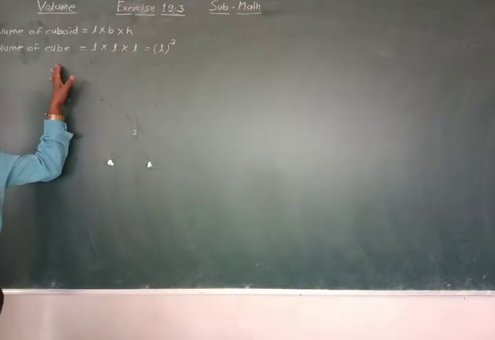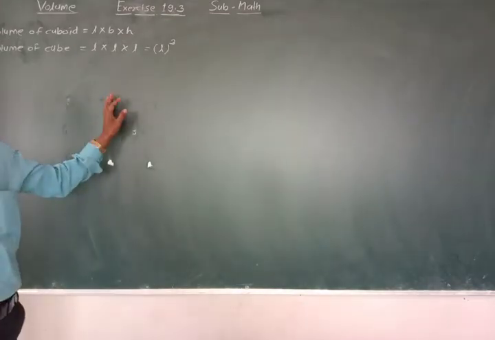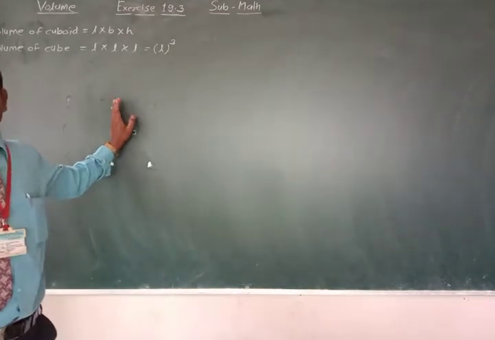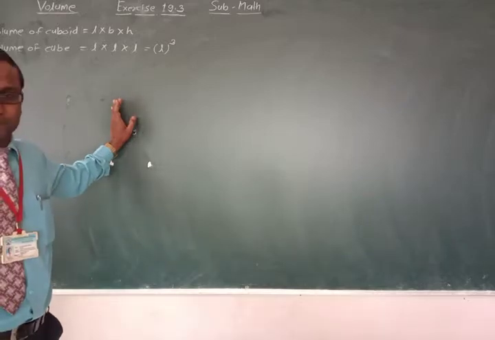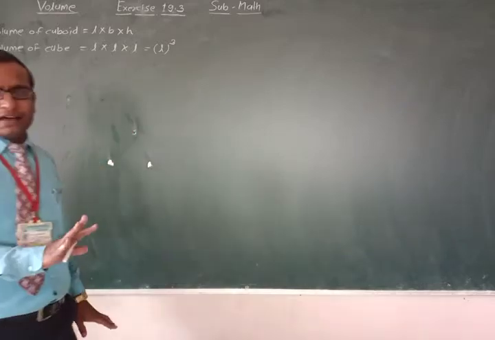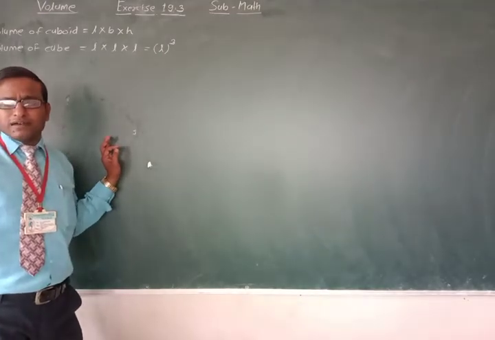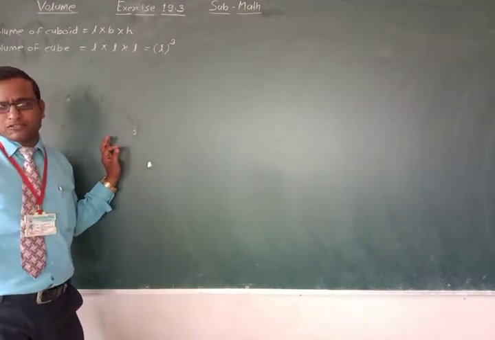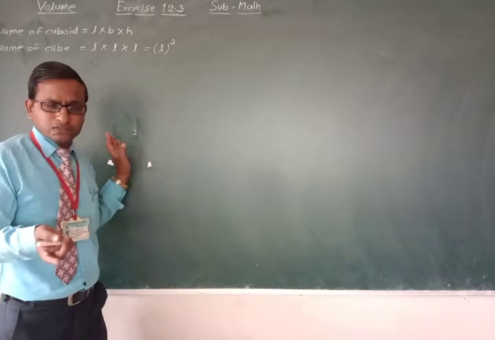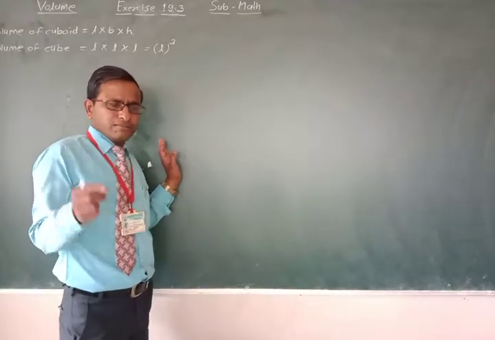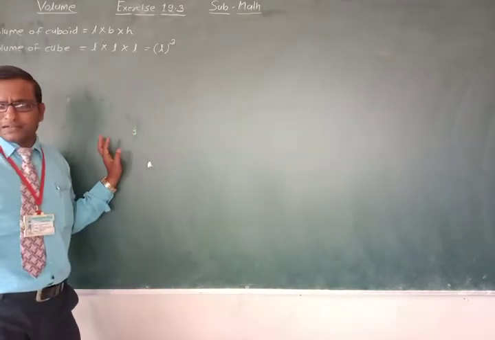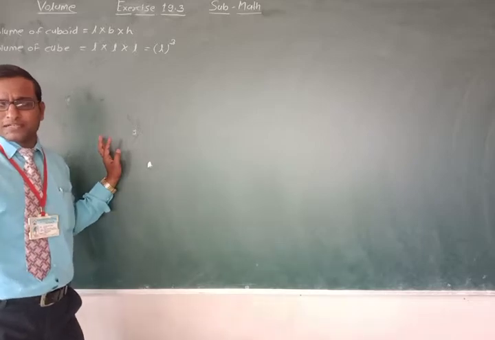This is the volume of cube, 125 centimeter cube. In an area, you use units meter square, centimeter square, millimeter square. But in a volume, you use the units meter cube, centimeter cube or millimeter cube. Always write down this unit.